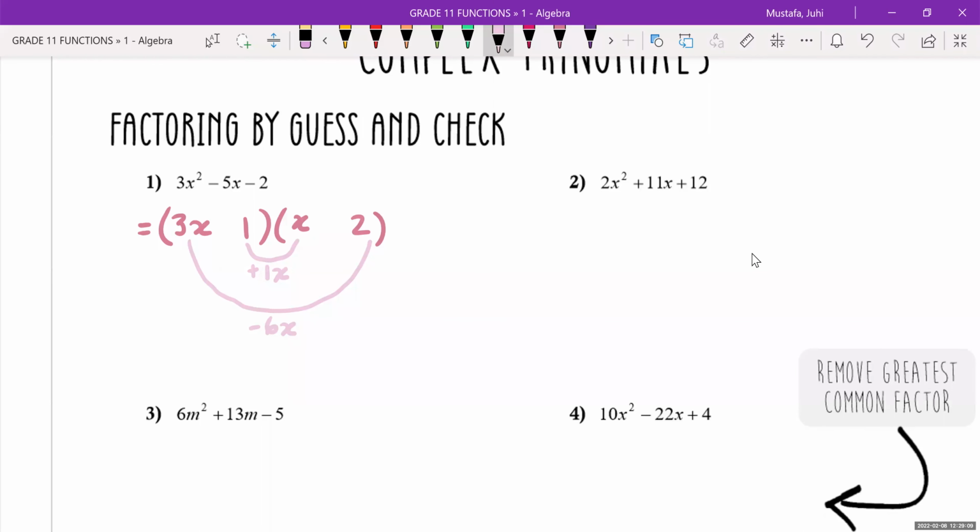We don't know if this is right. We're probably going to have to check by foiling, but we're on the right track. To make this number positive 1x, we're just going to add a plus sign, because positive 1 times x is positive 1x. And to make these two numbers a negative 6x, I'm just going to add a negative sign there, because 3x times negative 2 is negative 6x.